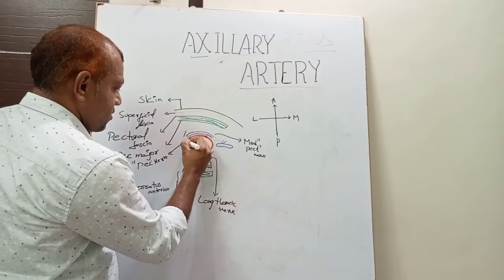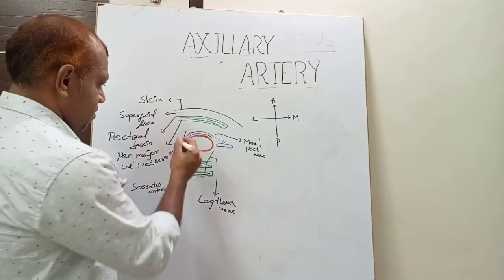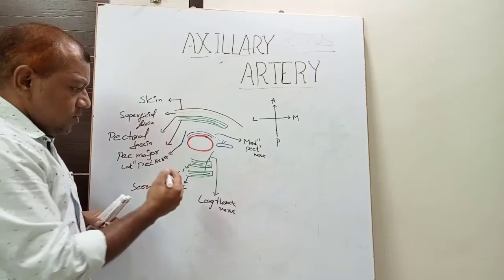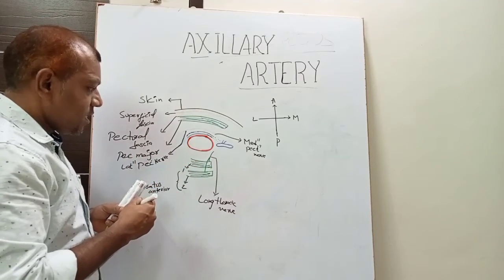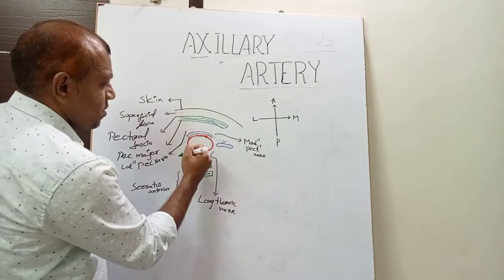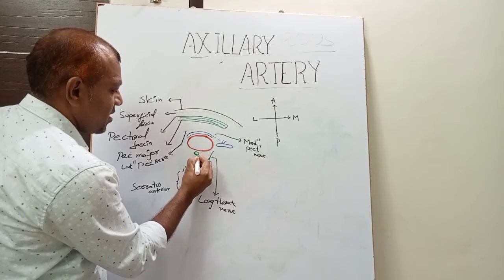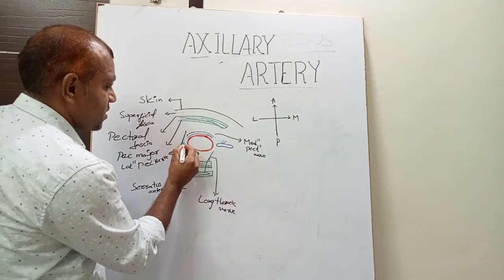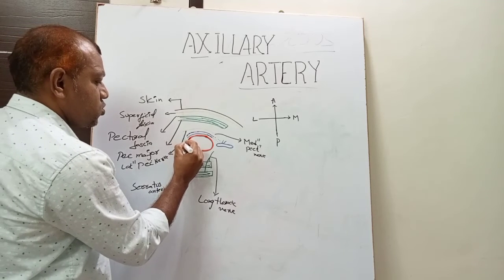Okay, so here this is the axillary artery, right. So we have seen the long thoracic nerve and serratus anterior muscle fibers, and what about the cords of brachial plexus? So posterior to the first part of axillary artery, we can identify the medial cord of brachial plexus. So this is the medial cord of brachial plexus, and this side is lateral, right? So laterally you can see the two cords are present.